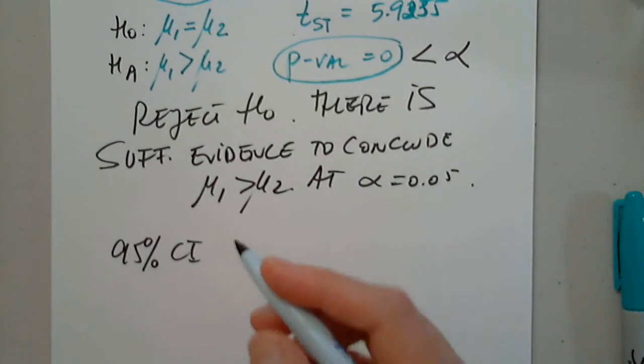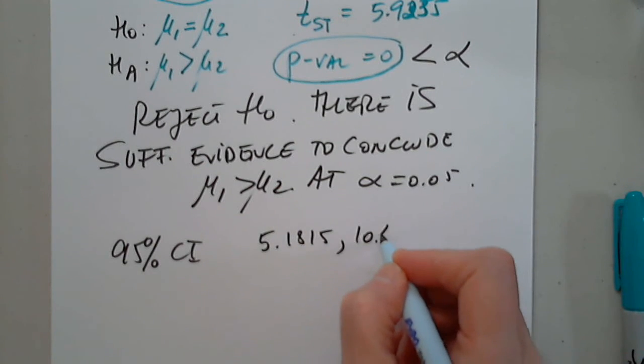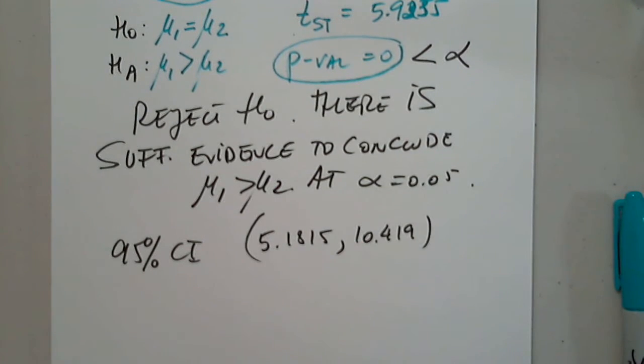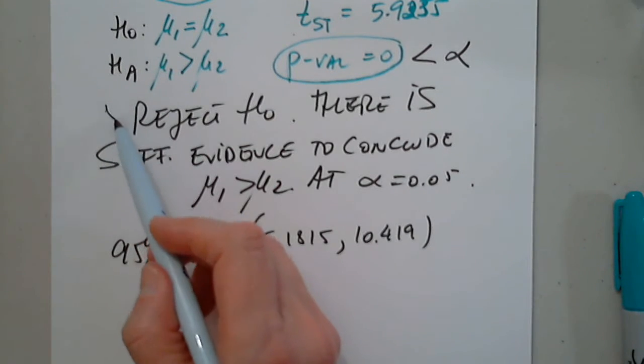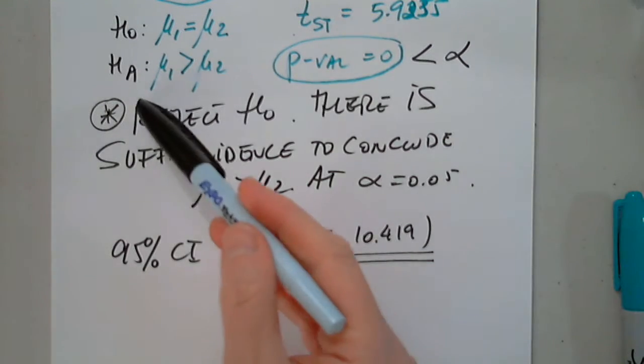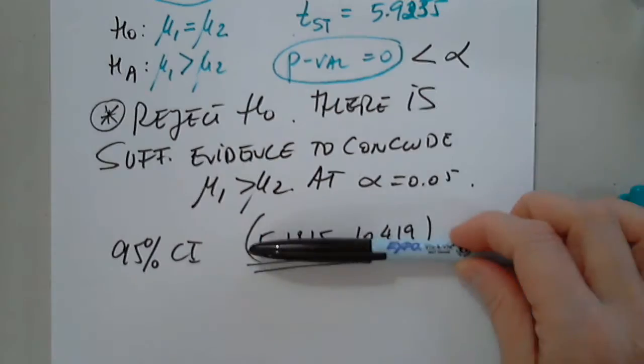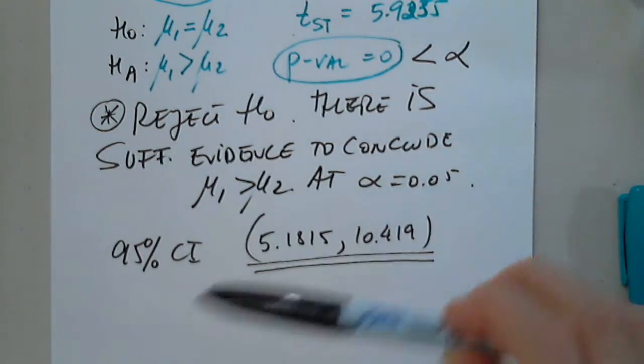So we got 5.1815, comma 10.419. Okay. So is our conclusion reflected in the confidence interval? Yes or no? In other words, do they match? The conclusion from here and what we see here, do they match?